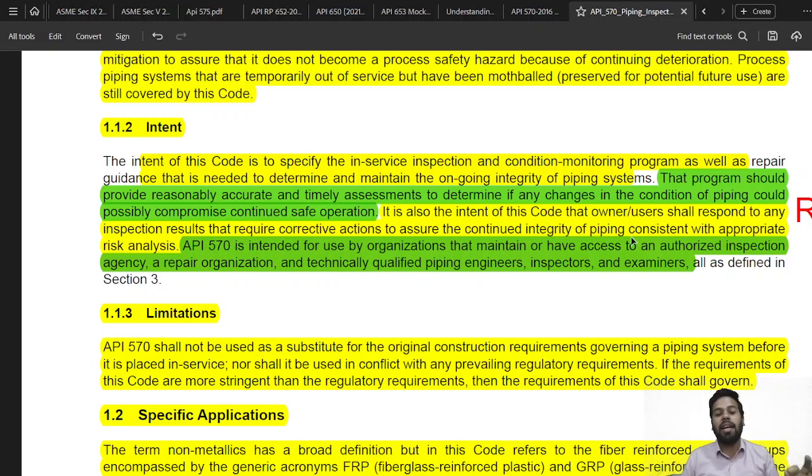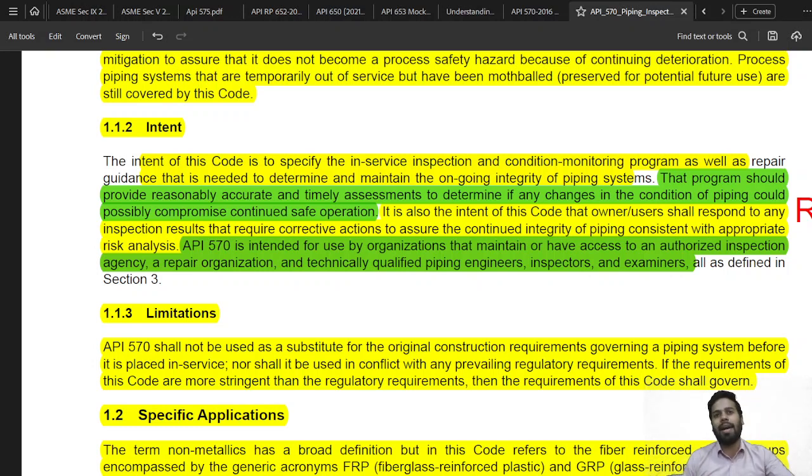API 570 is intended for use by organizations that maintain or have access to an authorized inspection agency, a repair organization, and technically qualified piping engineers, inspectors, and examiners, all as defined in the code. So the organization shall have access to or shall have on their payroll these workers.